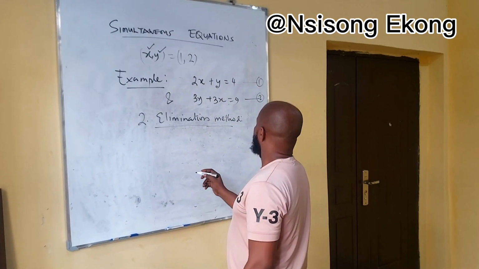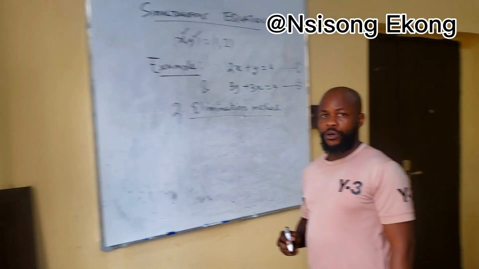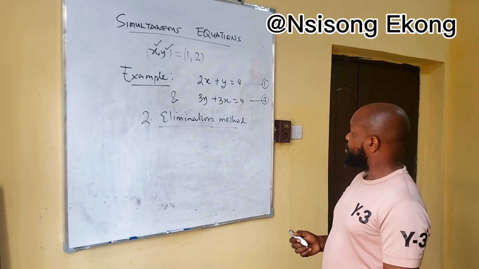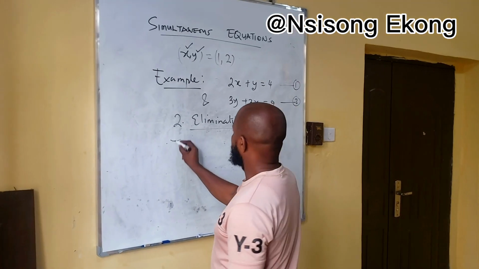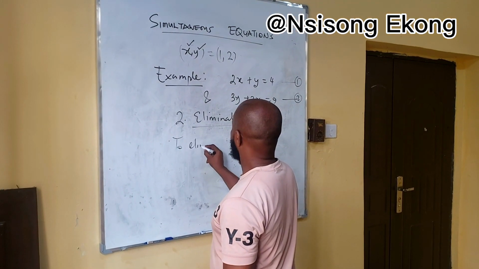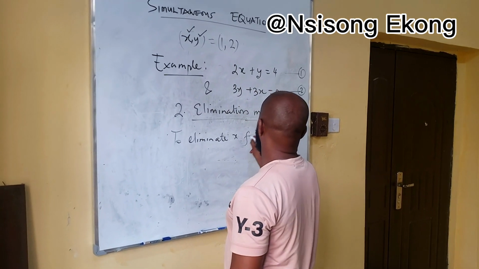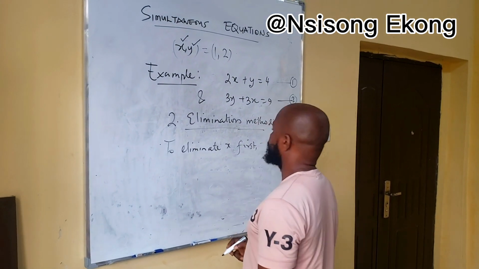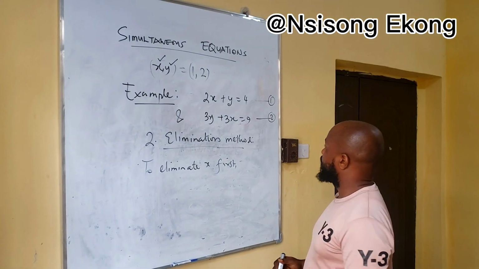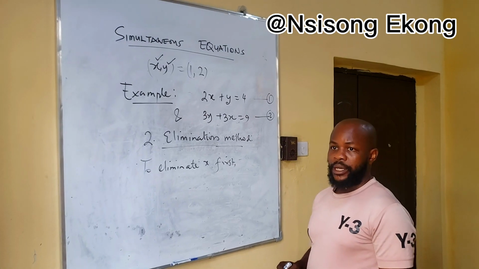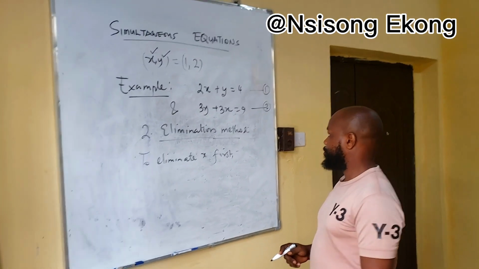To do that, we need to, first of all, choose the variable that we want to eliminate first. For instance, we want to eliminate x first. We will make sure that the coefficient of x in equation 1 and equation 2 are the same.